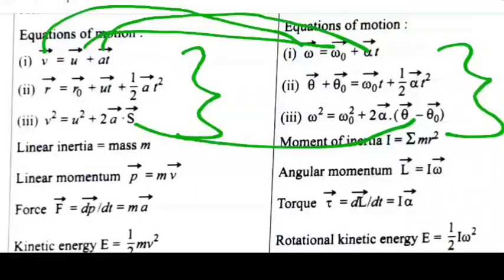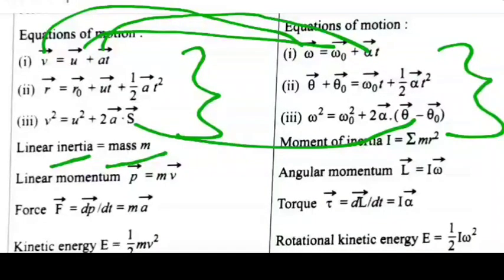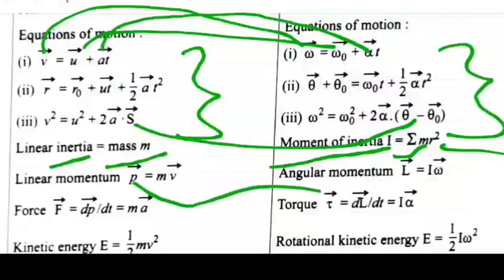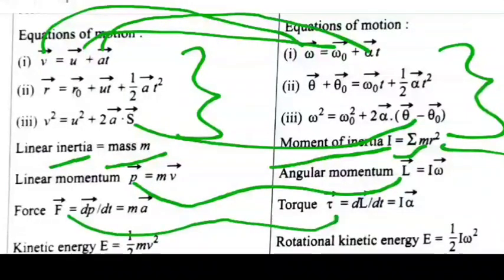Now, in translatory motion, inertia is comparable with mass. In rotatory motion, moment of inertia is comparable with mass as well as the distribution of mass about the axis of rotation. Linear momentum P is related to angular momentum. Force is related to torque.